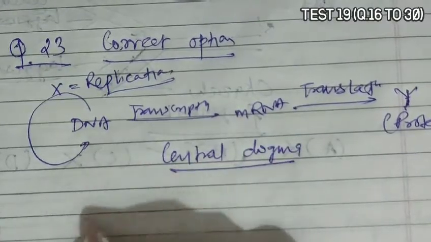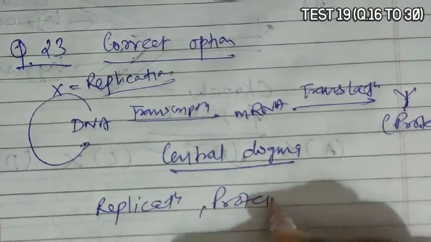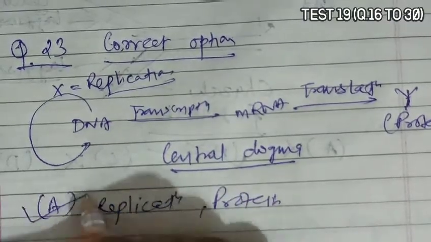So replication is X and protein is Y. So A is the correct answer.